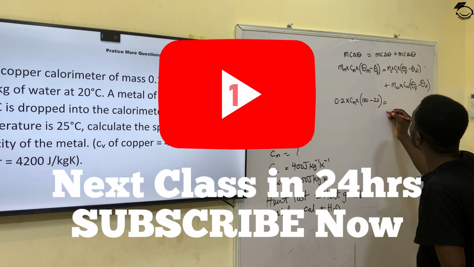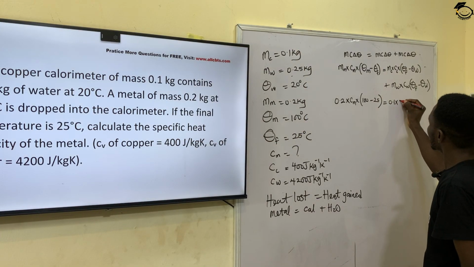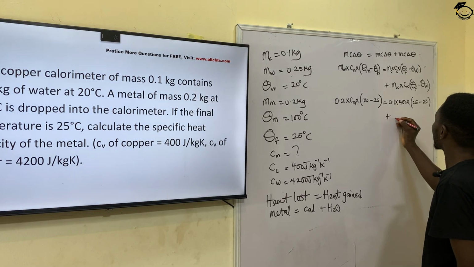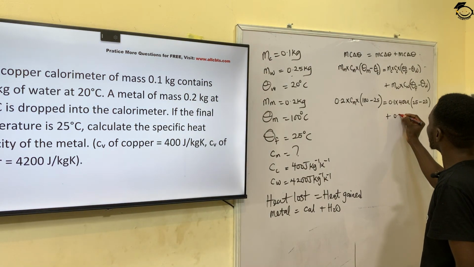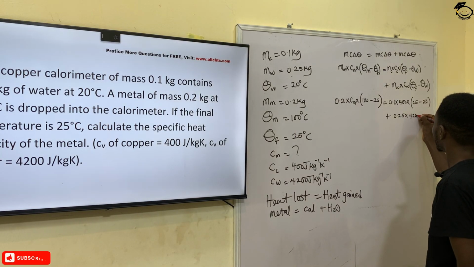This equals the mass of the calorimeter, 0.1, times the specific capacity, 400, times the final temperature 25 minus the temperature of the water, 20. This is plus the mass of the water, 0.25, times the specific capacity of the water, 4,200, times the change in temperature, 25 minus 20.